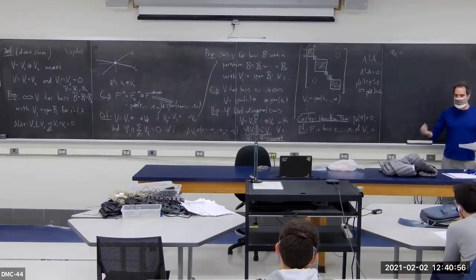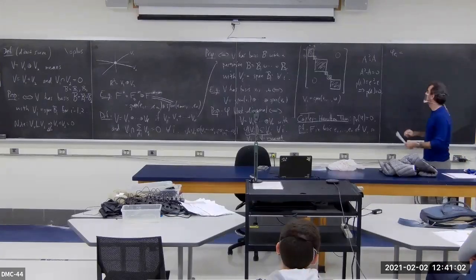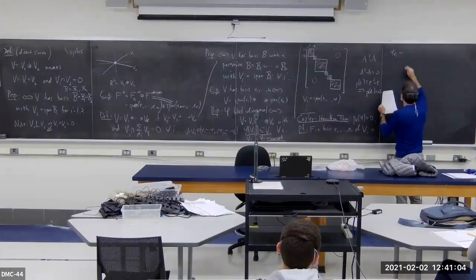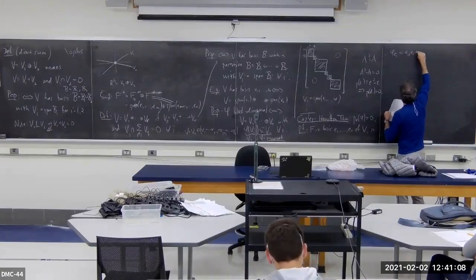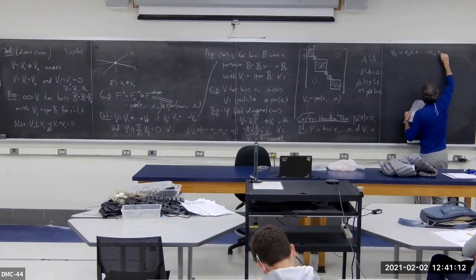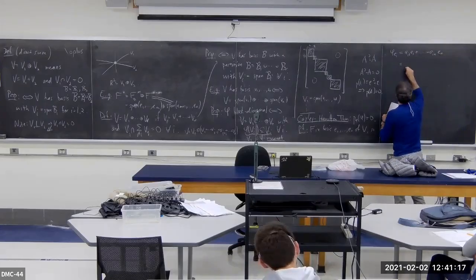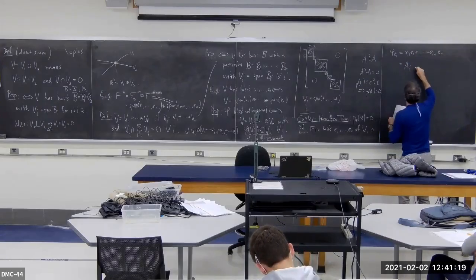Matrices were giving you coefficients of the images of basis vectors after you apply linear transformations. So here, phi of E_i is going to be some linear combination of the basis vectors. Let's call it A_i1 E1 plus up to A_in En. What is that? That's going to be a row, A_i, times the column E1 down through En.